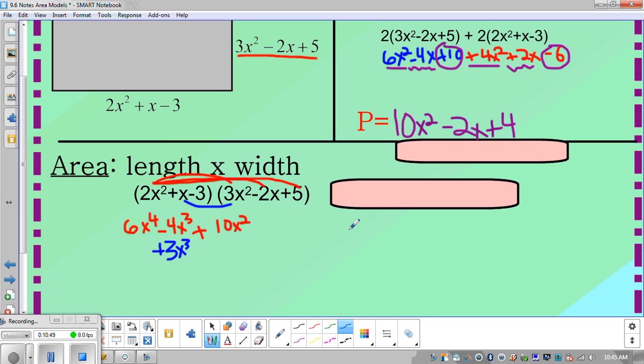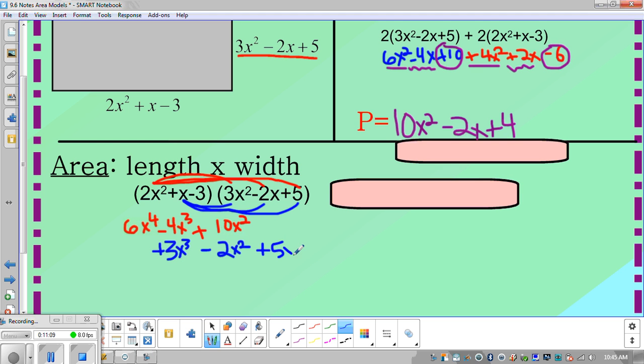You could choose to write them out to the right as you go. X times a -2x is a -2x squared. Make sure you are adding the exponents. X times x is x squared. Taking that same x times 5, I will get plus 5x.